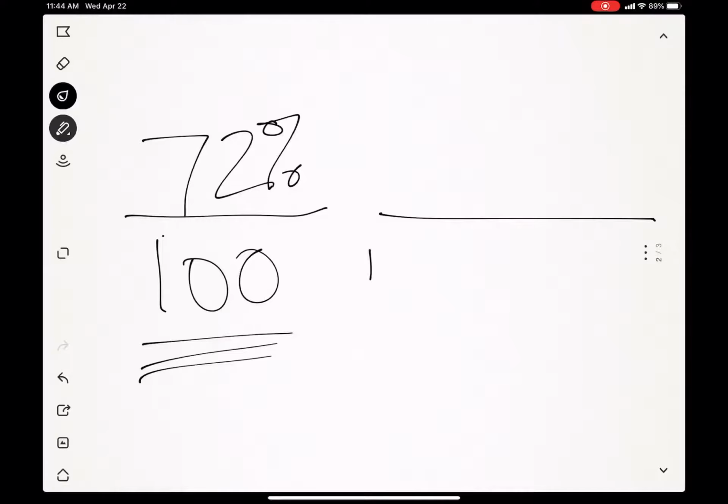We're dealing with 135 million people, 135 million women. Now we need to figure out how many of those 135 million women are using Facebook. We know that 72% of them are, but what does that mean in terms of numbers?